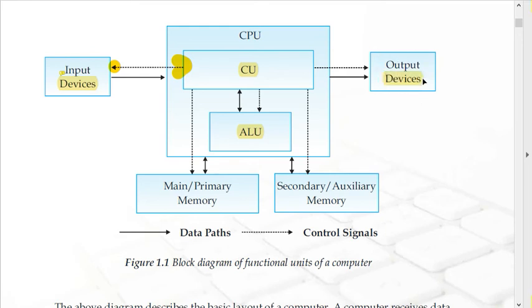As the answer came out to be 5, again we know very well that the answer we received will be in terms of zeros and ones. So once it comes to the output unit, the output unit is responsible for again converting binary to human understandable form.